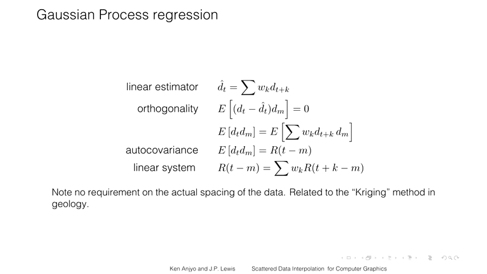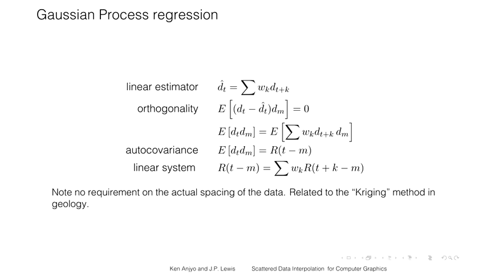The expectation of a data point multiplied by some other data point at a different location is the value of the autocovariance function. So this results in a linear system involving this autocovariance.